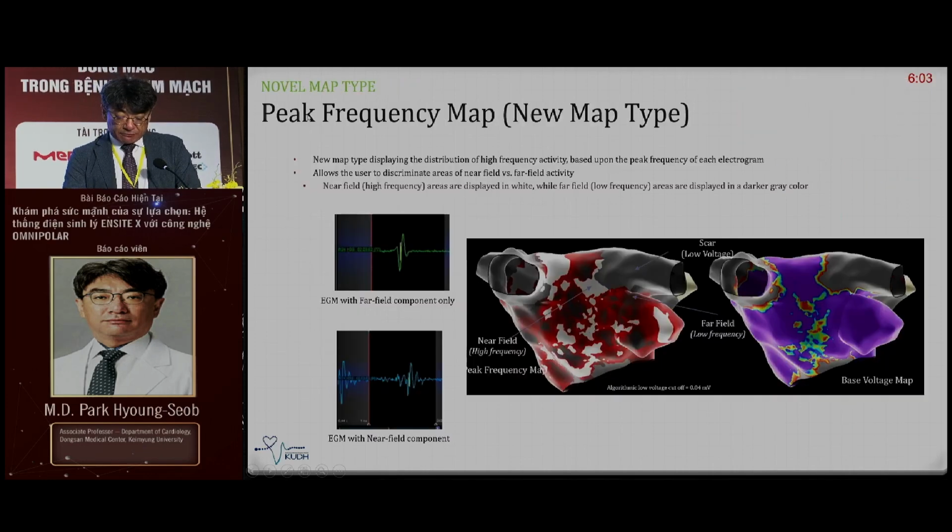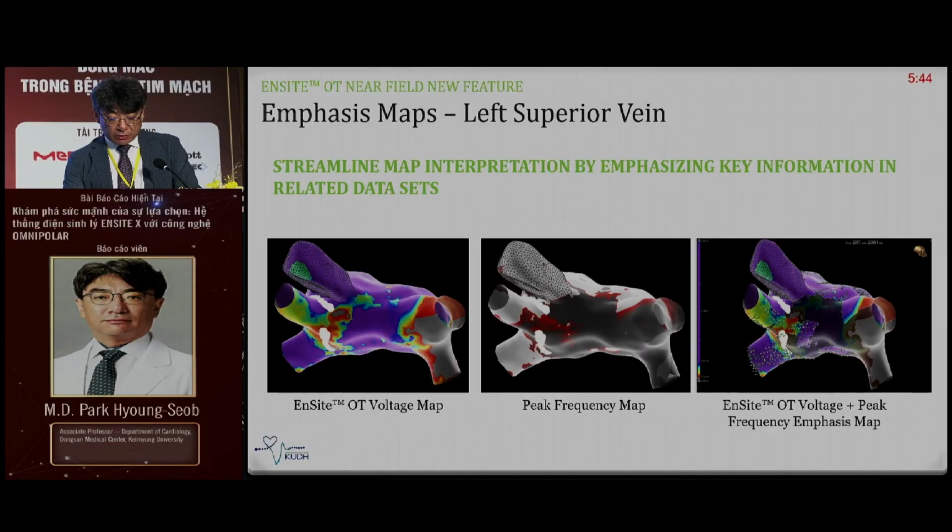This is a peak frequency map with the near field algorithm. The white portion is the area of high frequency, so this is a near field area. This is just the base voltage map, a little different from the peak frequency map. When you use this kind of near field algorithm during mapping, you have to use this.